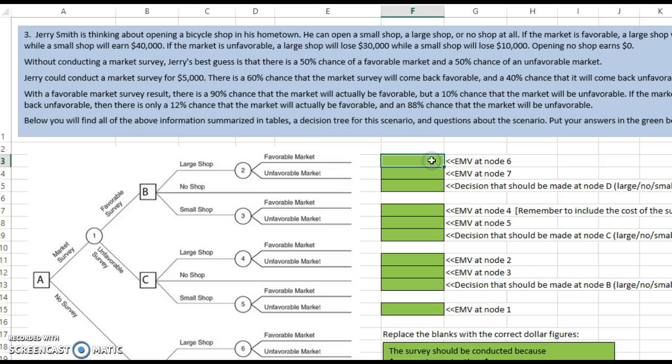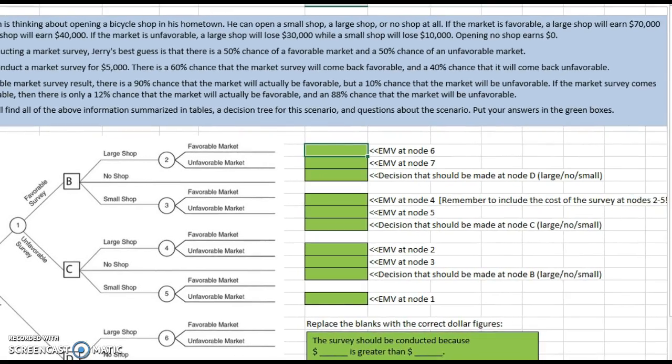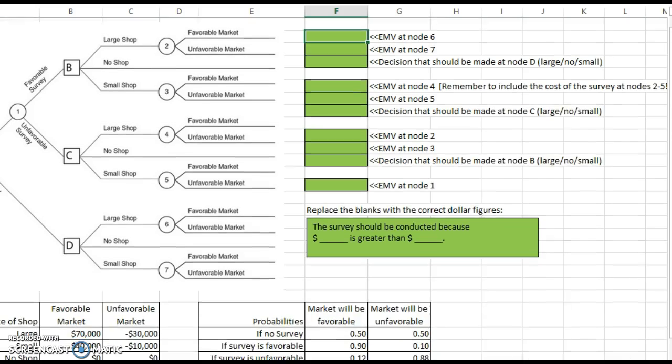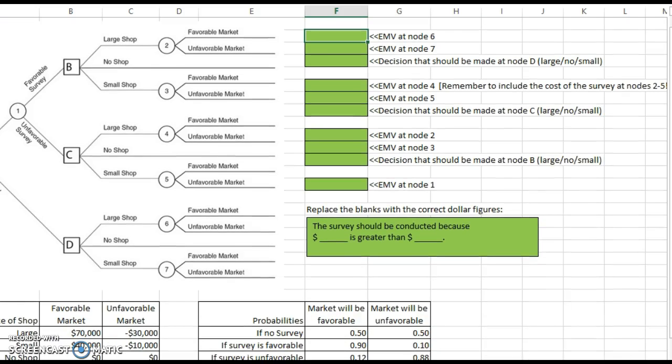So for example, it's asking for the expected monetary value at node 6. So what happens is if we scroll down to see what node 6 is, node 6 is a large shop, and so we're going to determine whether it's a favorable market or unfavorable market, what the EMV is.